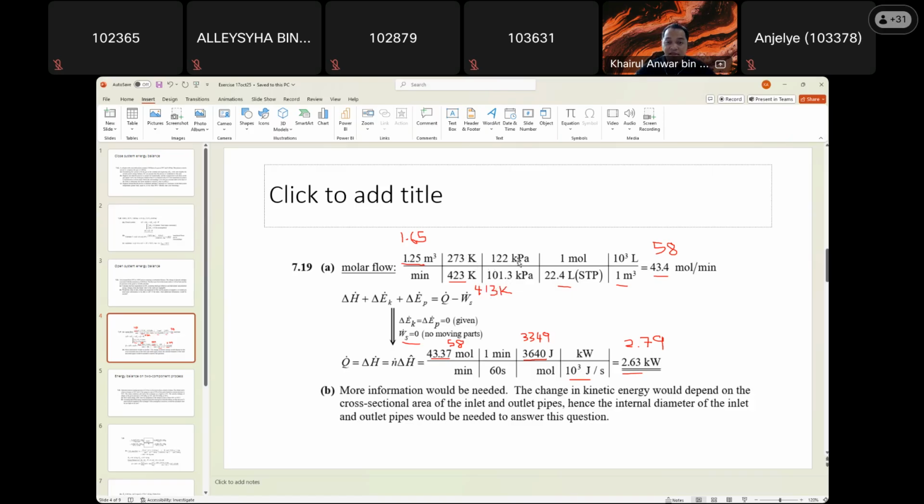Why it's arranged like this is because of the units for the STP.